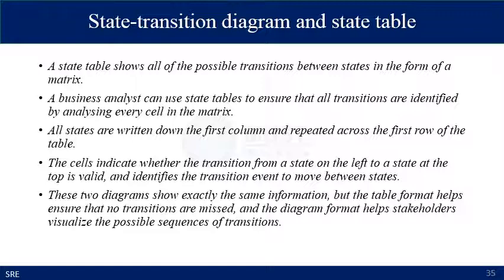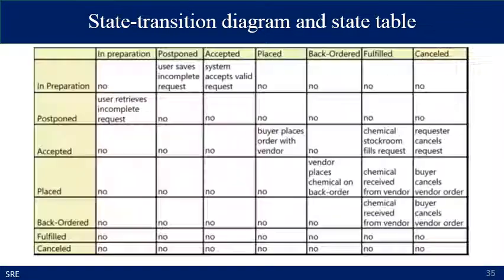So these two diagrams show exactly the same information, but the table format helps to ensure that no transitions are missed, and the diagram format helps the stakeholders to visualize the possible sequence of transitions. So here is an example of a state table.